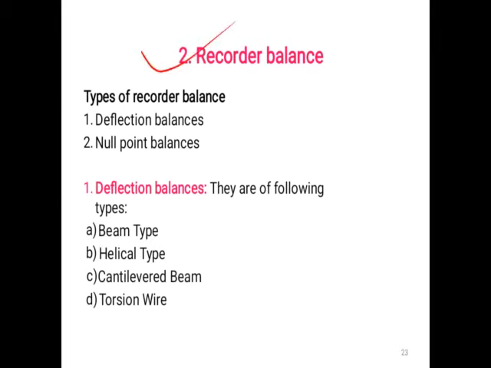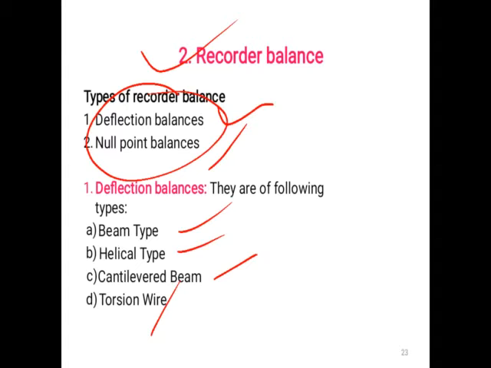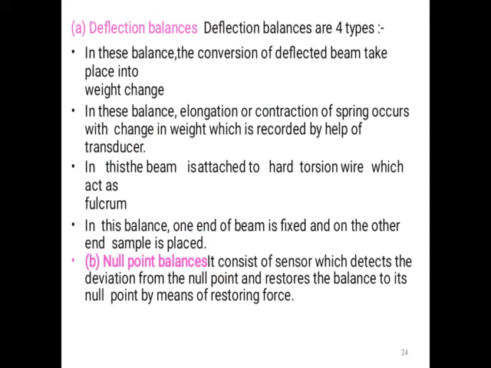Second one, recorder balance. There are two types of recorder balance. One is the deflection balance, and the second is the null point balance. In the case of the deflection balance, it may be of beam type, helical type, cantilever beam, or torsional wires. So what is a deflection balance? In the deflection balance, the deflection of the beam is converted into weight changes.